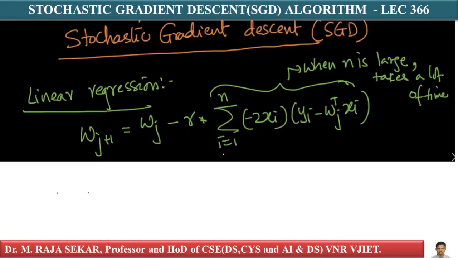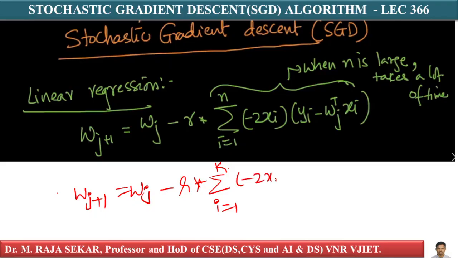What does SGD say? SGD says very intuitively, instead of using all the points, instead of using all these n points, instead of using sigma i equal to 1 to n, let's just say W_{j+1} = W_j - r * sum i equal to 1 to k of (-2 x_i)(y_i - W_j^T x_i), isn't it?